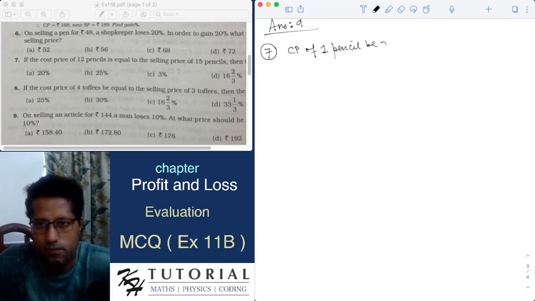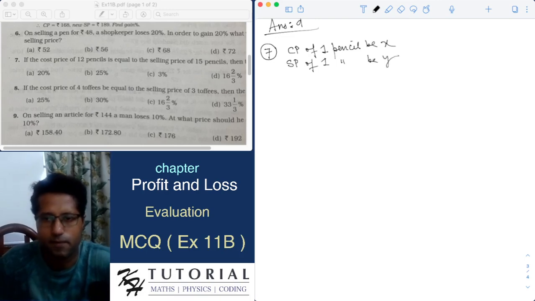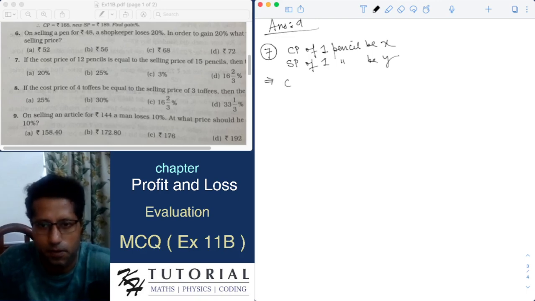be X, and let selling price of one pencil be Y. Now this implies that cost price CP of 12 pencils is equal to 12x.